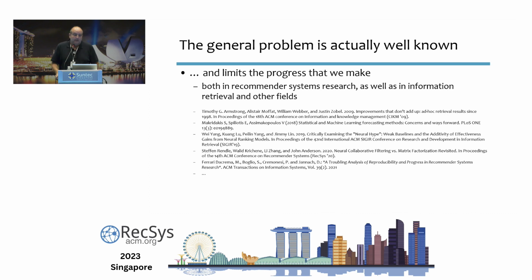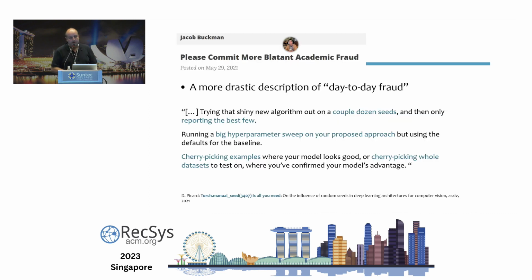And the sad, or depressing, thing in some ways is that this is actually very well known. You cannot read the references, but they're in the paper. We know that this is a standard problem in applied machine learning research, not only in recommender systems; it's information retrieval, it's time series forecasting. Many fields share the same problem, right?